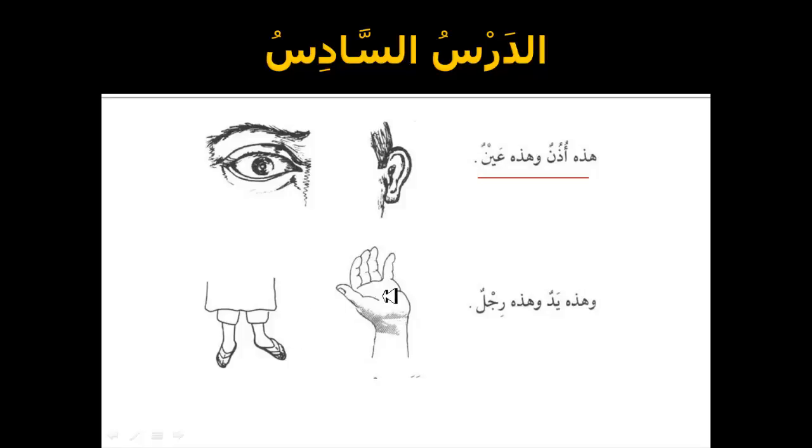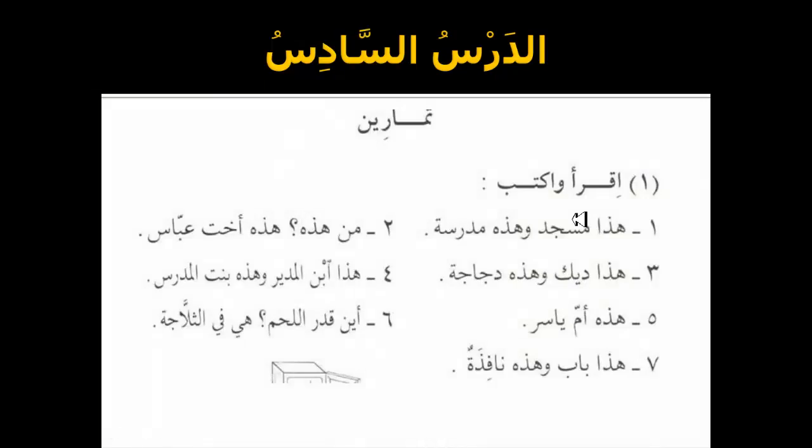How many hands do you have normally? The normal human being has two hands. So therefore, two double body parts, it's feminine. And وَهَذِهِ رِجْلٌ, how many legs does a human being normally have? Two. So therefore, it's feminine. So here, these are examples of using the rule for the feminine nouns and masculine nouns, right? And now that brings us to the tamareen, and we're gonna do some exercise.